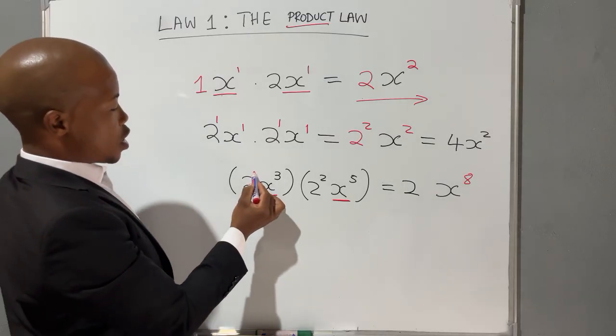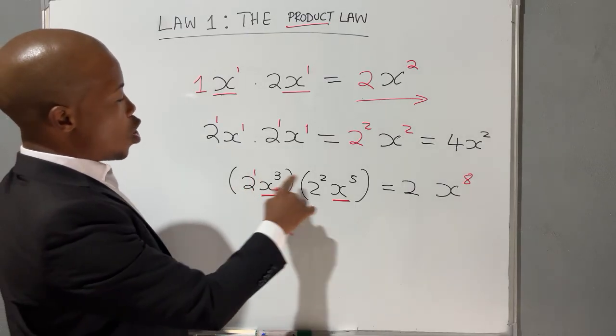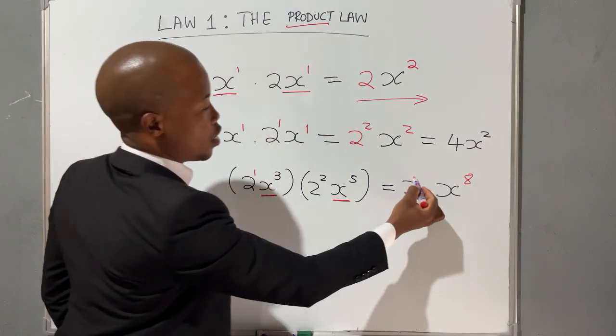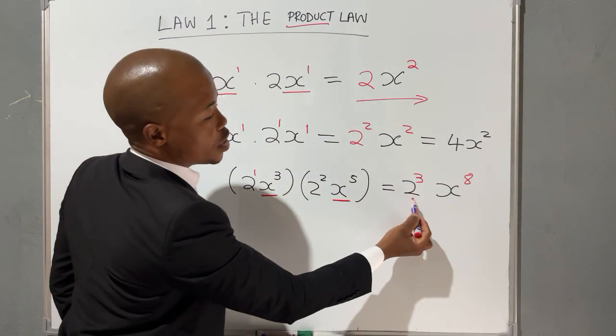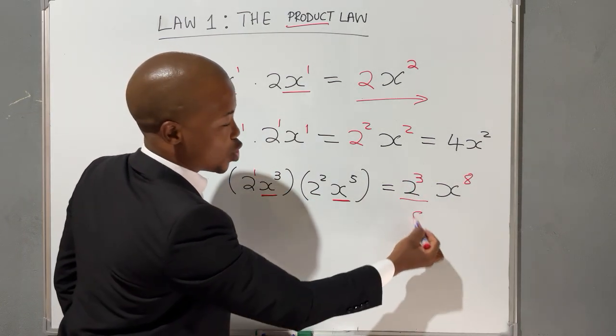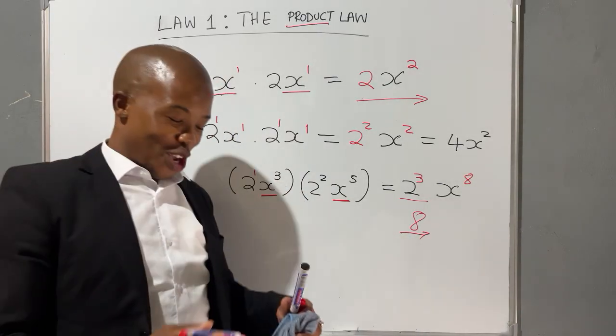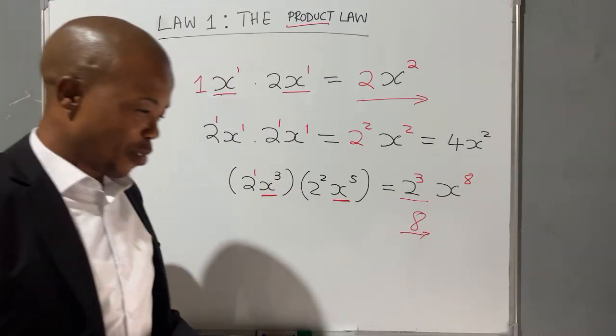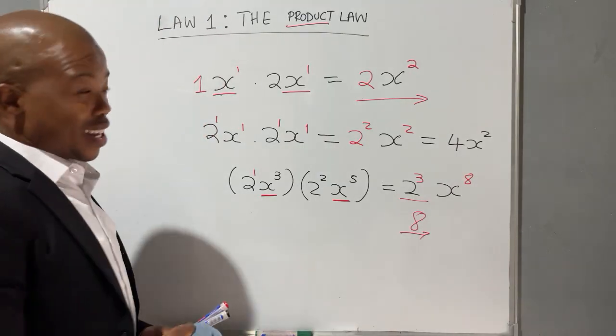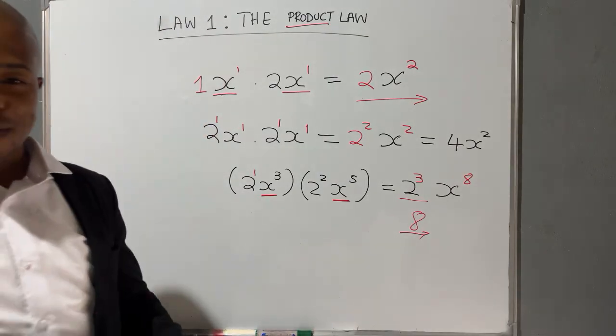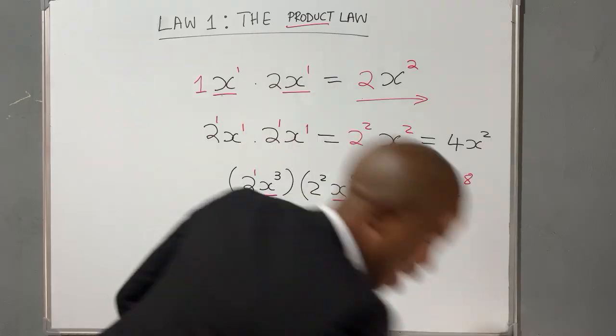Remember the exponent here is 1, and then 2, so 1 plus 2 gives you 3. And if you check, 2 to the exponent 3 is actually 8. Are we together? So there are many ways of doing these things in maths. Maths is very easy. You just have to find your way of doing things, right?